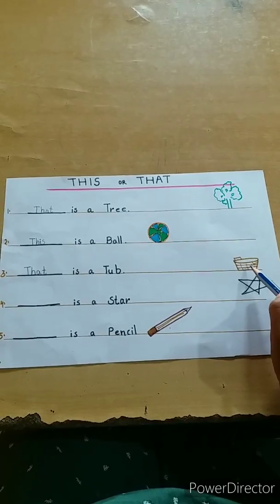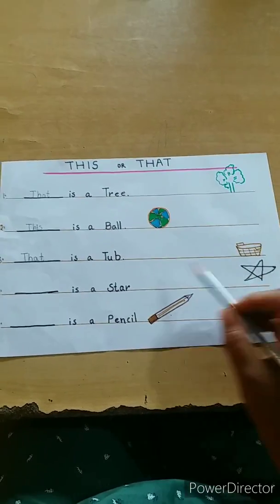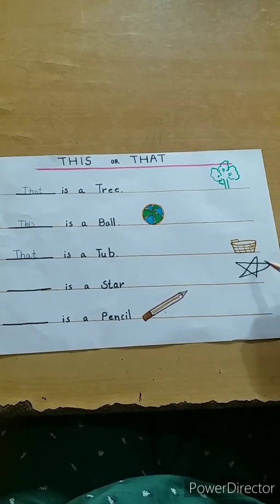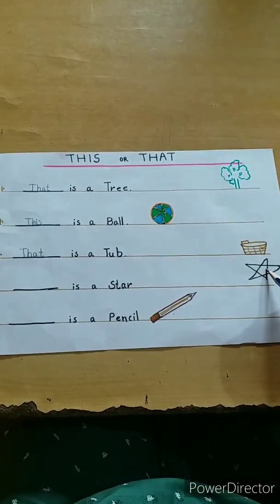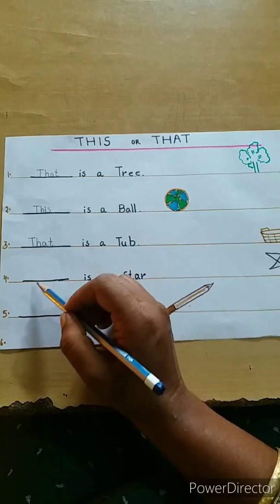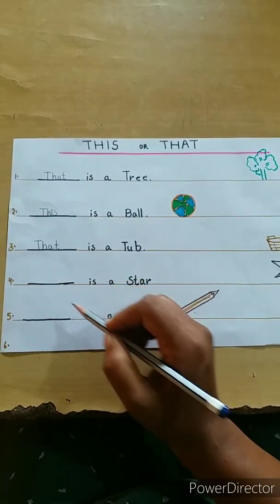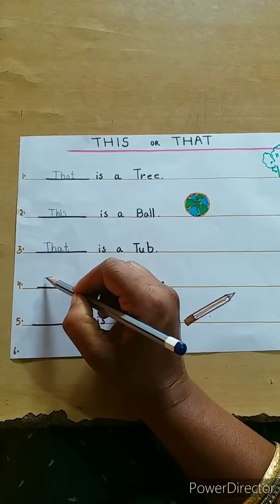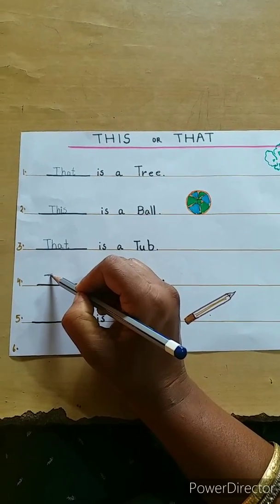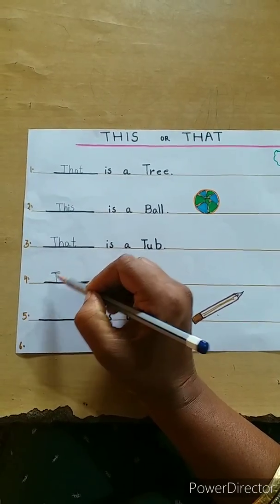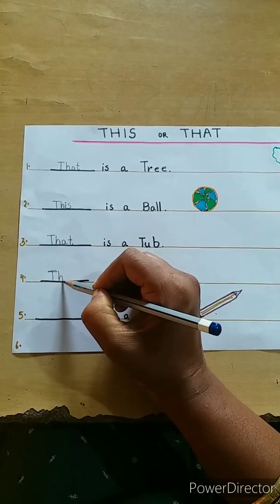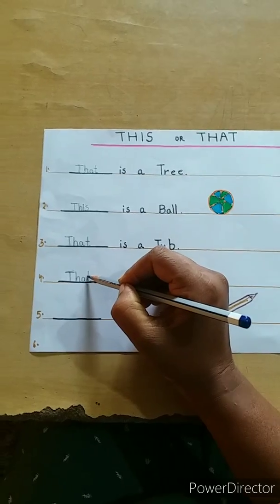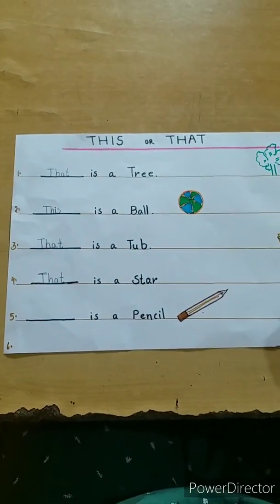Now see the next picture. What is this picture, children? Star. The star is far. So here what will we write? That is a star. The spelling of that: T, H, A, T. That is a star.